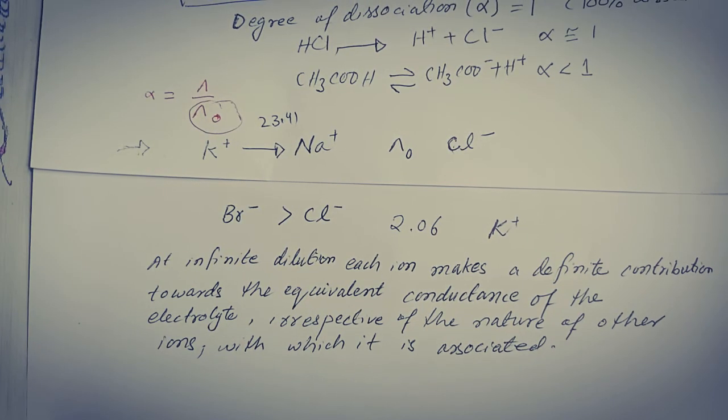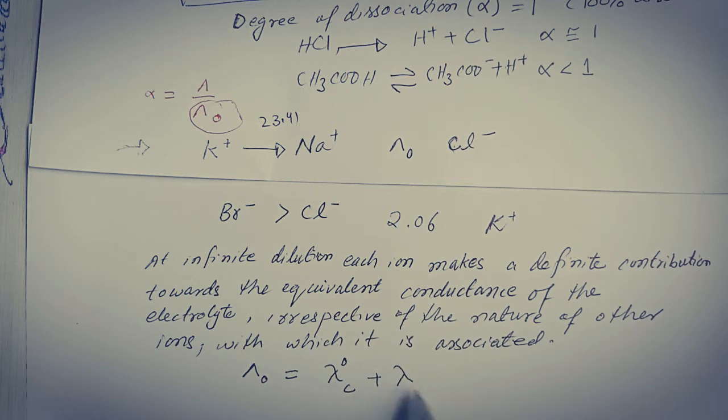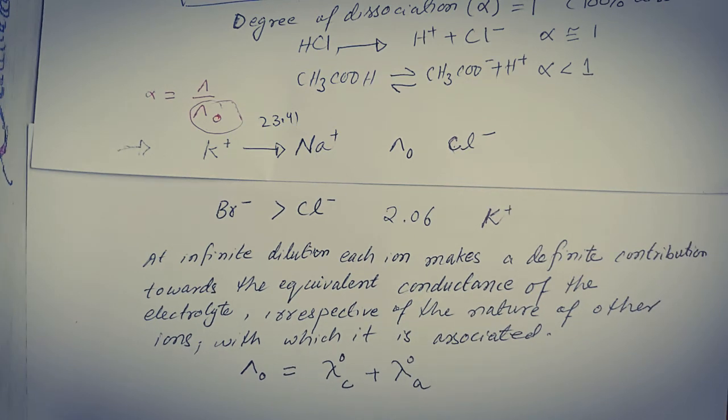So here we can write the mathematical expression for the Kohlrausch law, that is the equivalent conductance of the electrolyte is equal to the equivalent conductivity or the conductance of the cationic species and anionic species at infinite dilution.